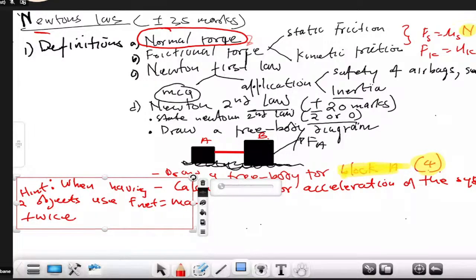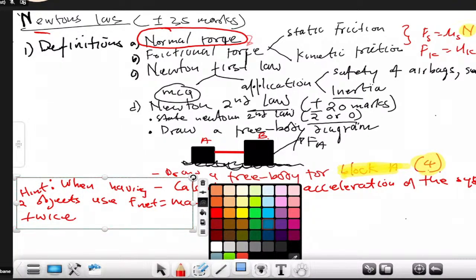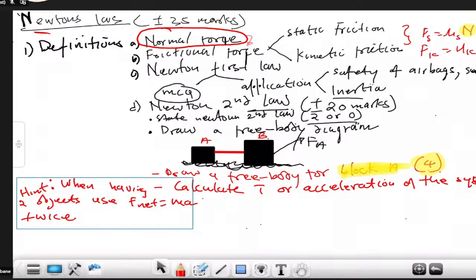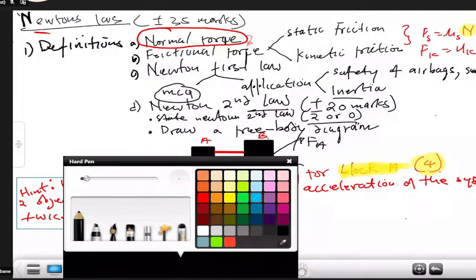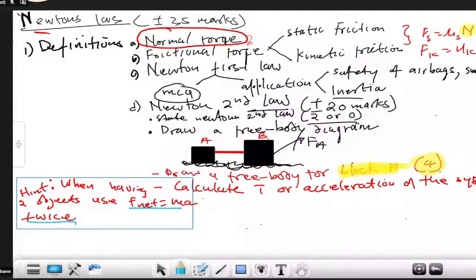That is the hint I am sharing with you: once you have two objects, you must use Fnet is equal to ma twice. That basically says I focus on block A, Fnet is equal to ma. Then I focus on block B, Fnet is equal to ma. But we are going to look for a common factor at the second instance.